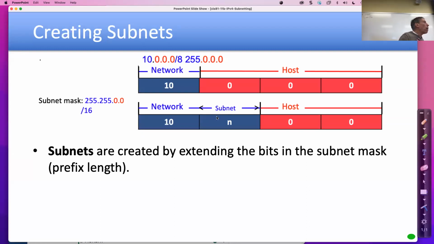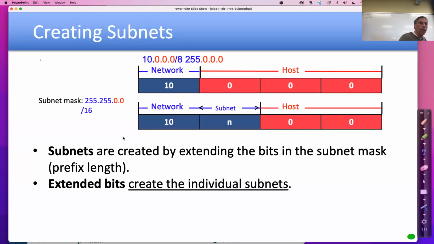But if I want to, I can borrow bits. I can extend this mask. So notice I'm extending the mask from 255.0.0.0 from /8 to /16. Another 8 bits here, 255.255.0.0. Okay, this is what's going to create the individual subnets.